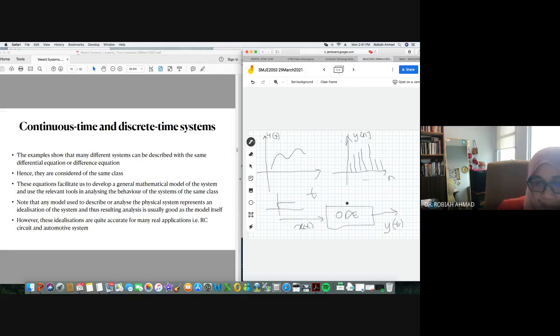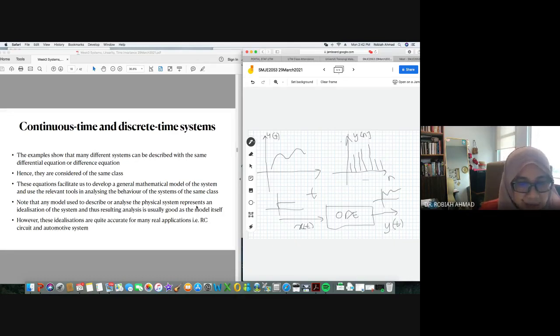Okay, we have the equation, the transfer function of our system, and then we can predict what the output will be. Okay, so note that any model used to describe or analyze the physical system tu refer pada RLC circuit, tadi automotive suspension system, thermal system, water tank system.